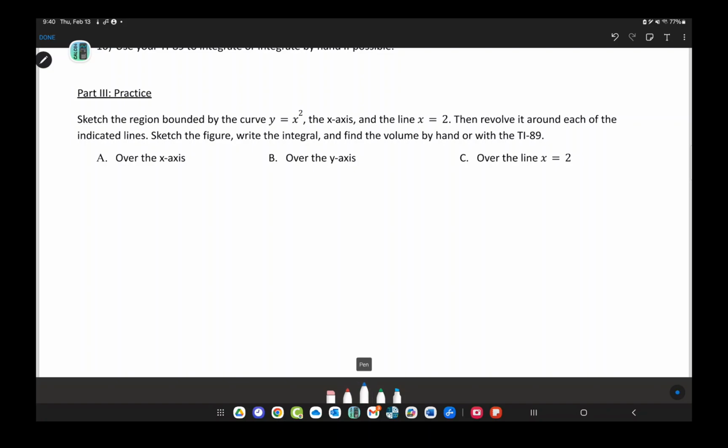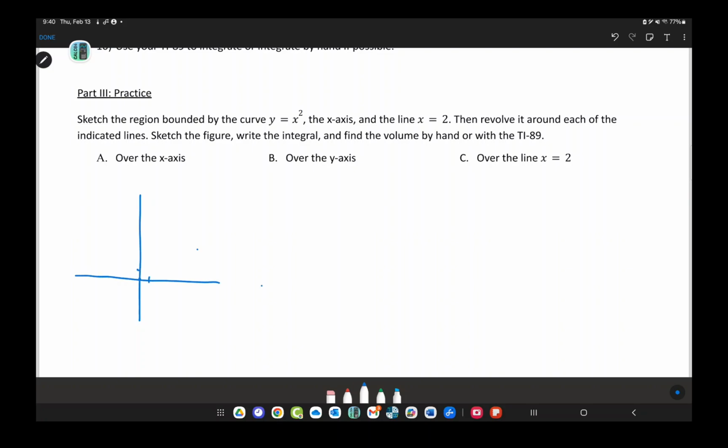Alright, so sketch the region bounded by the curves. We have the function y equals x squared, the x-axis, and the line x equals 2, then revolve it around each of the indicated lines in the figure. So here we have the graph of y equals x squared.